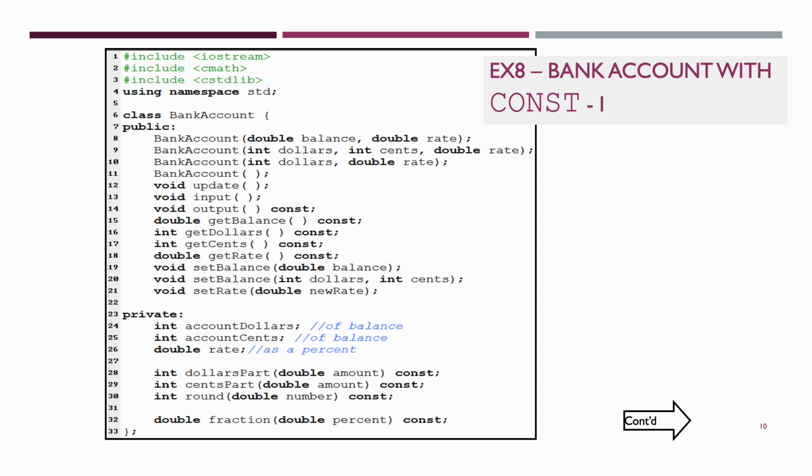So if we look at these methods, they likely extract the dollar and cents portion from the double amount, and round the floating number, and fraction probably converts the percentage values to a fraction. Again, those are marked constant to ensure it doesn't modify the class state.